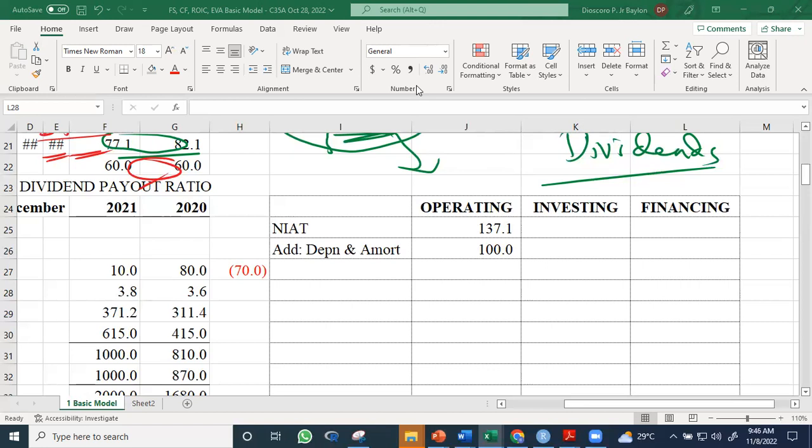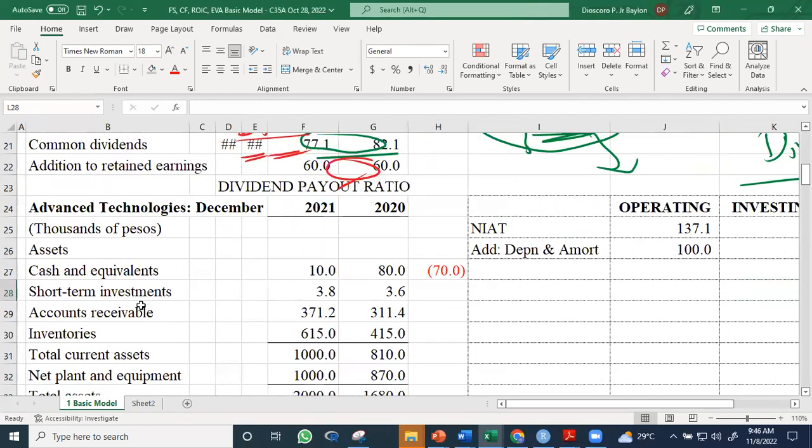Short-term investments will fall under financing. Any guess, please? What do you think? So yeah, let's keep that for a while. Let's answer that later. Let's go to the next one.